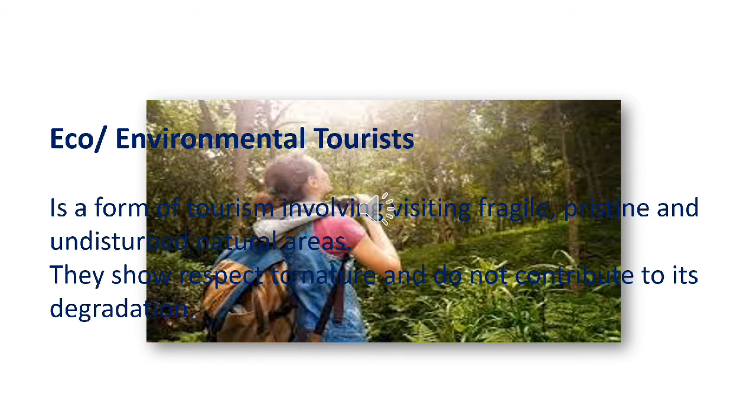Eco or environmental tourism is a form of tourism involving visiting fragile, pristine, and undisturbed natural areas. They show respect to nature and do not contribute to its degradation. So these people are more into sustainability and making sure that the environment is kept in a way that would be useful to future generations.